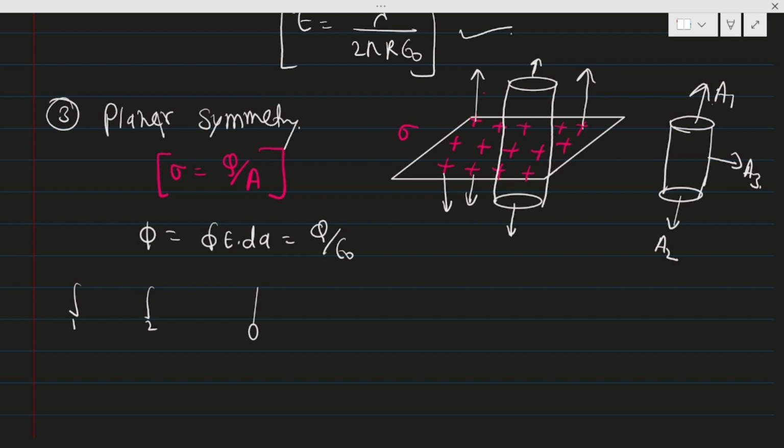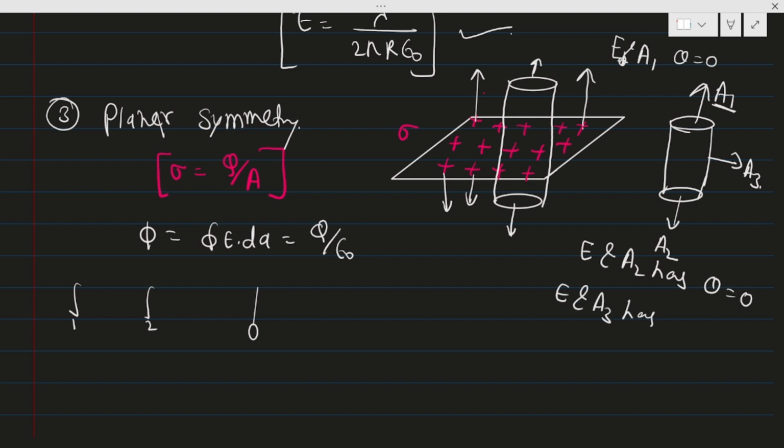So the electric field is in this direction for area 1. E and A1 have theta equal to 0, and similarly E and A2 have theta equal to 0. But E and A3 have theta equal to 90 degrees, so there is no need to calculate this third integral; it is automatically 0.